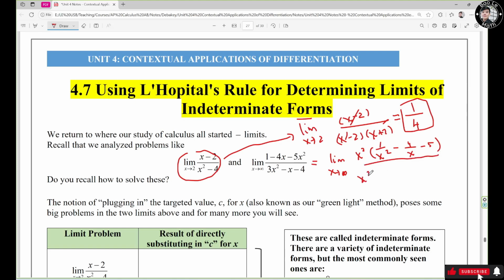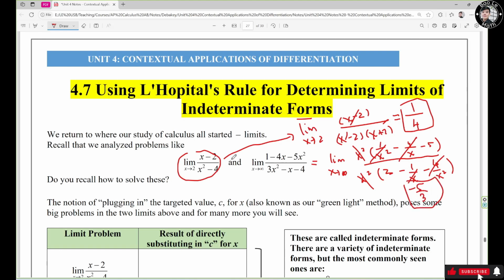Over s squared, it's going to be 3 minus 1 over s minus 4 over s squared, right? So this cancels out. When s approaches infinity, this approaches 0, this approaches 0, this 0, this 0. So the answer is negative 5 over 3, right?